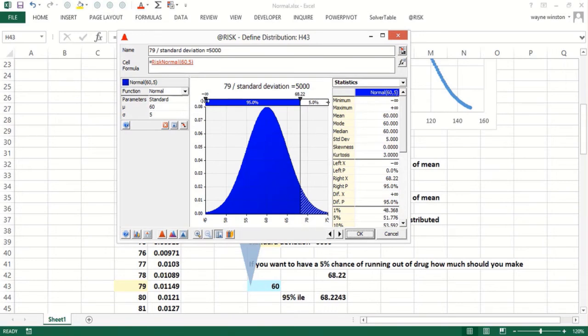Now, if I wanted to know the 10th percentile, in other words, there's a 10% chance we will sell less than what amount? In other words, what number has 10% to the left of it? The answer would be 53.59.